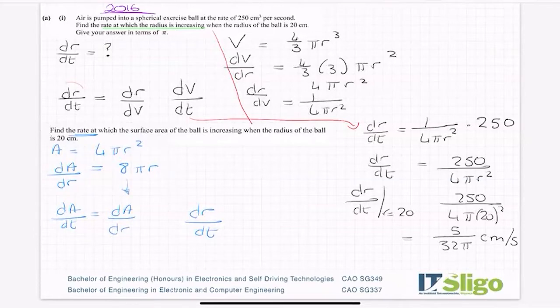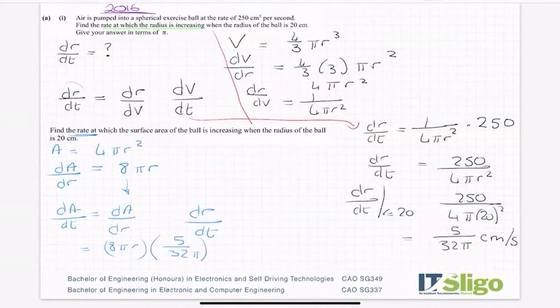Now, do we have a rate of change of radius anywhere? Well, yes, we have. That should ring a bell from here, because the ball is still 20 centimeters. So for this one, I'm going to get 8 pi r, and it's multiplied by 5 over 32 pi. I'm taking that from here.